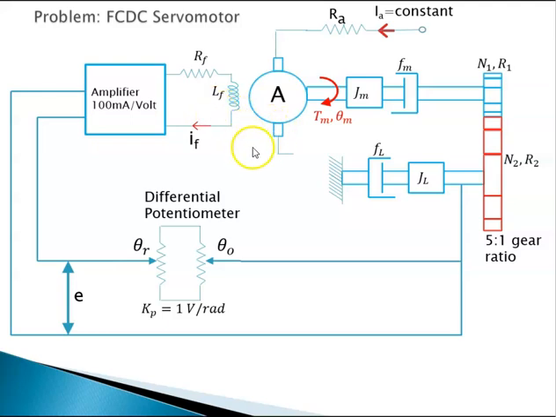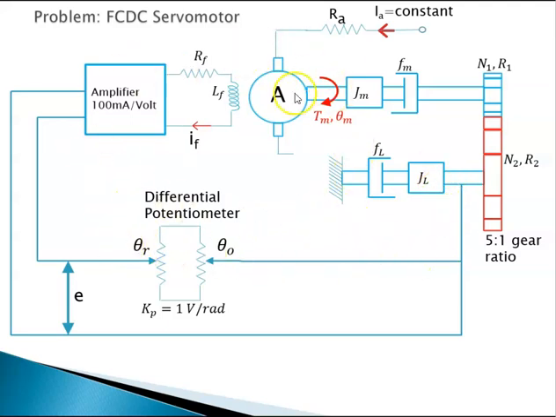This field circuit generates magnetic field, and when this magnetic field cuts the armature conductor, a torque is generated. When torque is generated, motor shaft turns. When motor shaft turns, this red gear turns, and hence theta O changes.